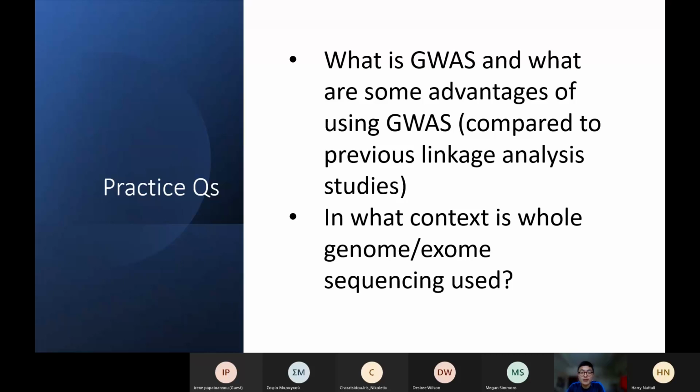Compared to GWAS, whole genome or whole exome sequencing, which is just as it sounds, sequencing the whole genome or all the exomes, can be used especially in rare diseases where there might not be sufficient patients to consider for GWAS studies, because GWAS studies require a lot of patients and a lot of people to provide sufficient statistical power. So these whole exome and genome approaches can be used to look at rarer genetic variants. They can be applied clinically as well to try and find an appropriate drug target, especially in personalized approaches to medicine.